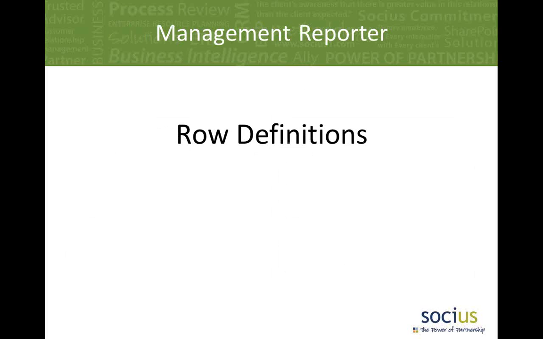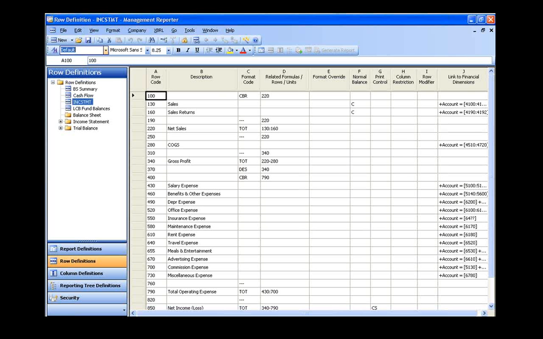So let's talk about some row definitions here, and we'll see a little bit more on this when we get into the demo itself. But I just wanted to show you what a row definition looks like in Management Reporter. It looks a lot like a row definition in FRX. So, from creating a report and creating a row definition, it's very much the same.